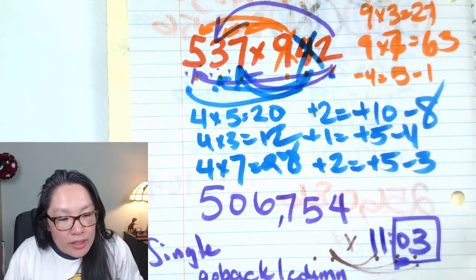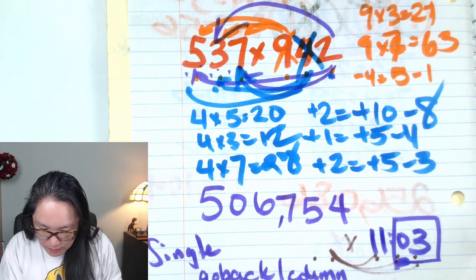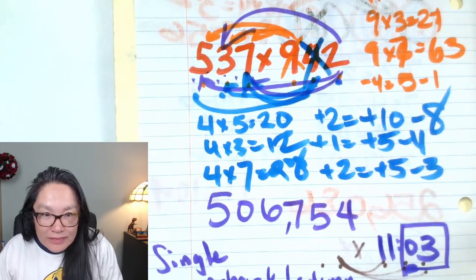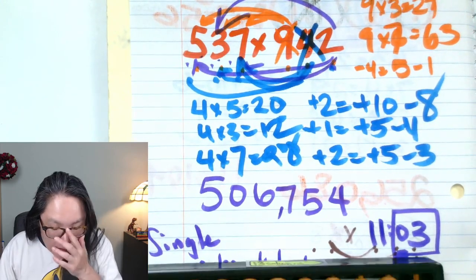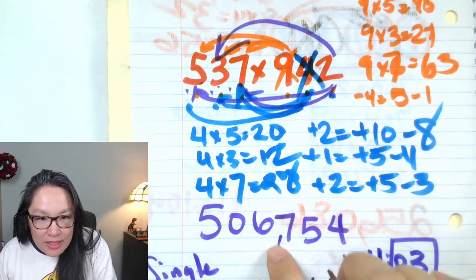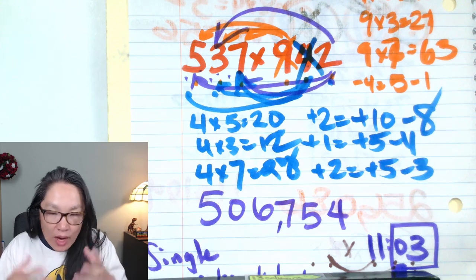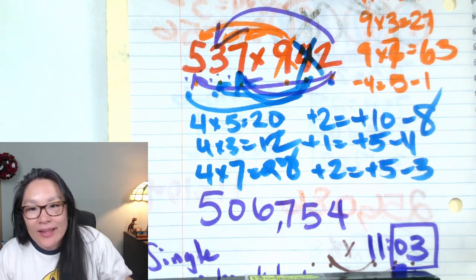Yes, exactly. See, I'm wrong. 505. I did something wrong here. Now I want to go back and figure it out. But it is what it is. Because this is wrong, I would recommend doing it again so you can see why you got it wrong.